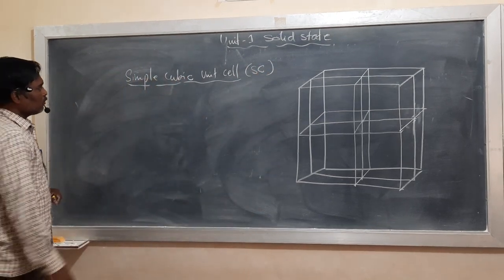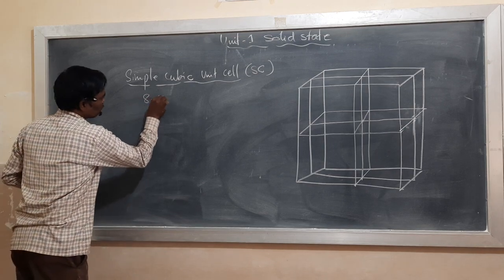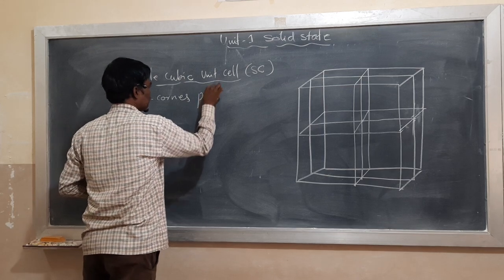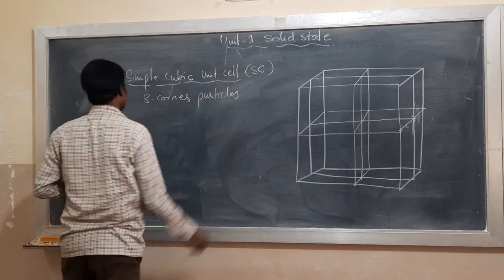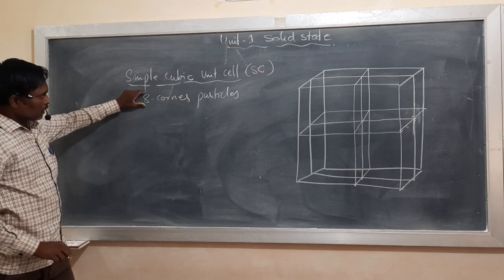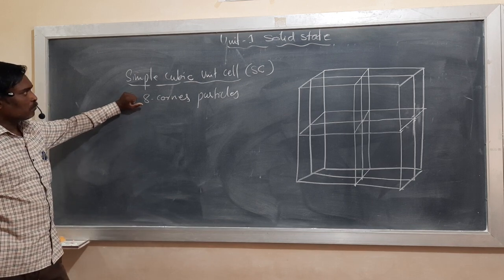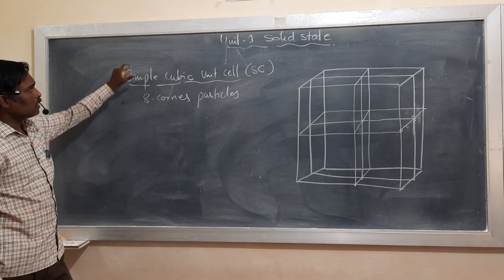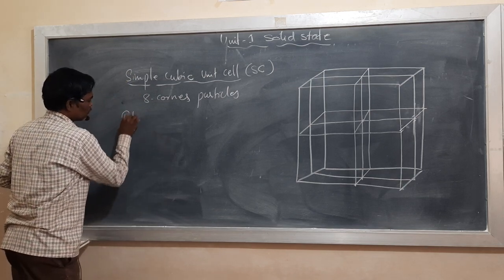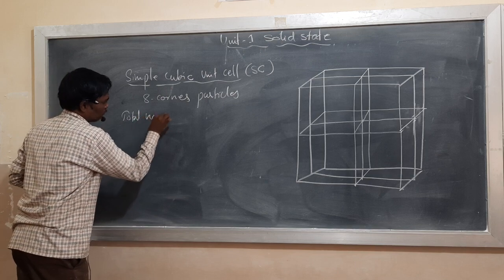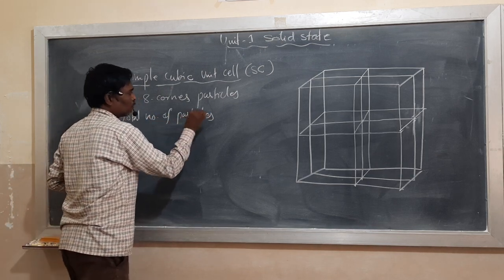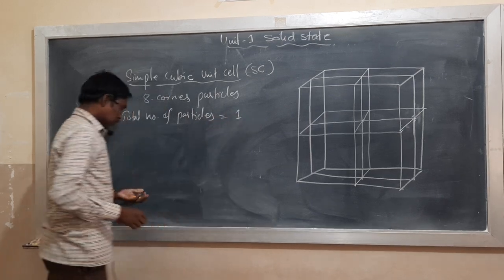So here we are having 8 corner particles. Eight corner particles means the lattice points are 8, but the total number of particles present in this simple cubic cell itself is equal to 1. Total number of particles is equal to 1.